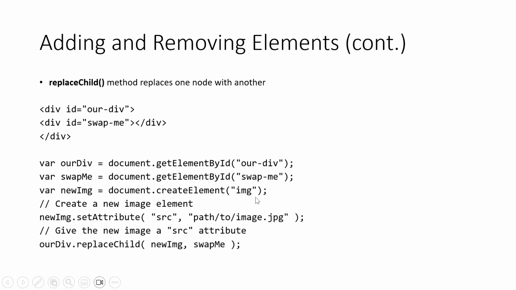And we create a new image. And then we set the src attribute on this image. And then we are going to replace the swap me, which is a division right now. We will swap it with the image. So you can manipulate existing ones. So what you have seen is the div is replaced by an image here.